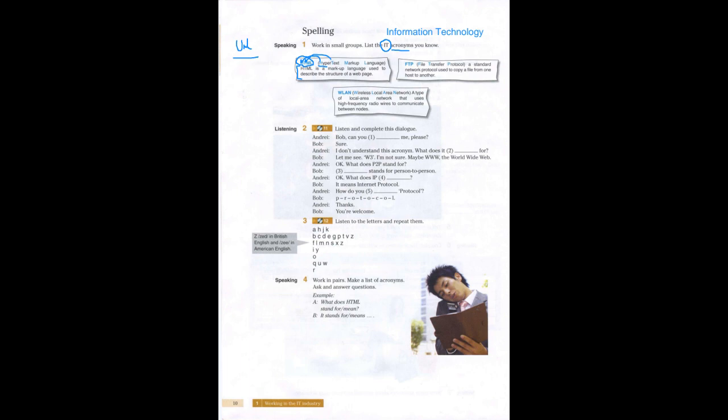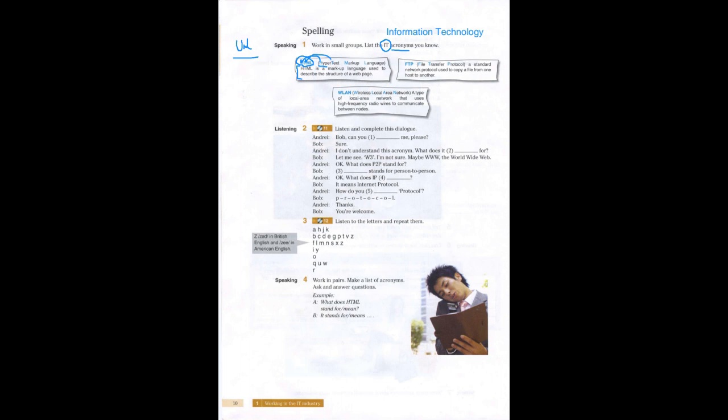So these are some English letters, and I think that you are quite familiar with them. You are supposed to listen and repeat. A, H, J, K, B, C, D, E, G, P, T, V, Z. Z in British English is pronounced as Zed, but in American English it is pronounced as Zee.